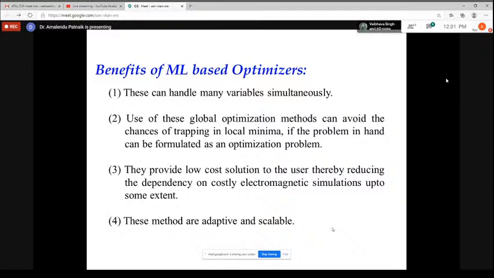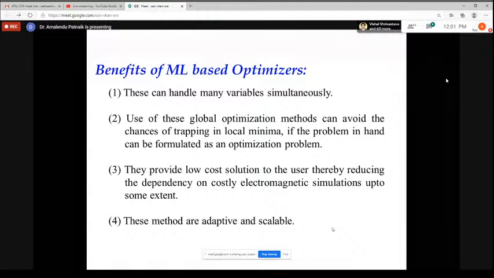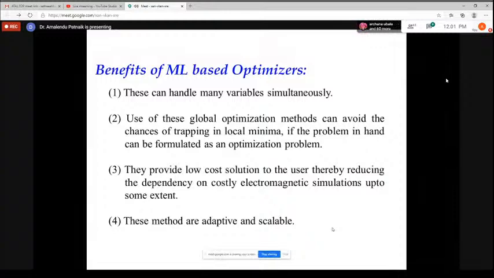In fact, ideally, they can handle any number of variables, whatever number is required in solving a particular problem. Use of these global optimization methods can avoid the chances of getting trapped in local minima if the problem in hand can be formulated as an optimization problem.